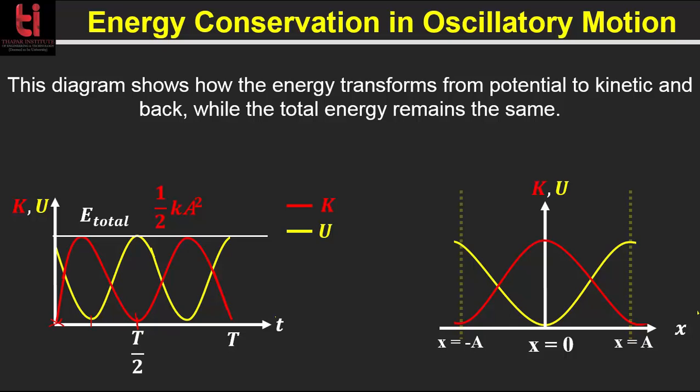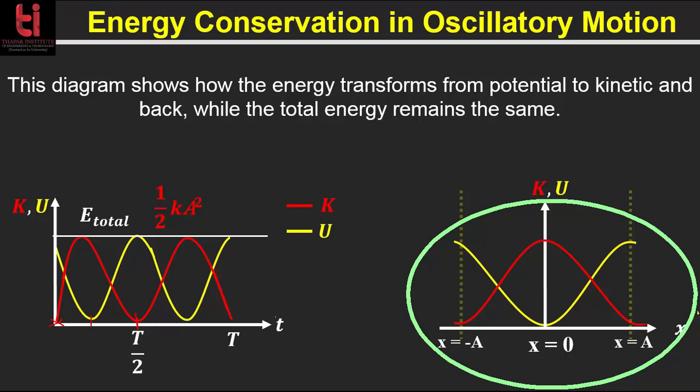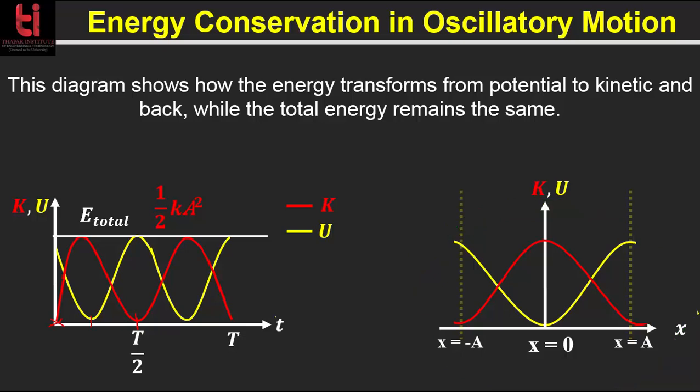So basically from the equation, the potential energy is equal to half k x square, this represents the equation of a parabola. So the potential energy is a parabola in x. When x is equal to 0, that means when the spring is at its resting position, the energy is all kinetic, as the velocity is maximum here.